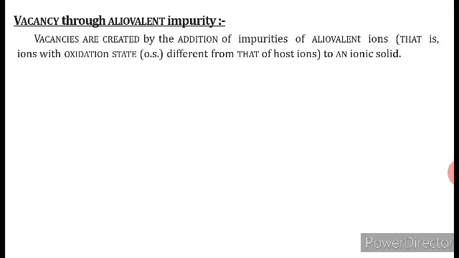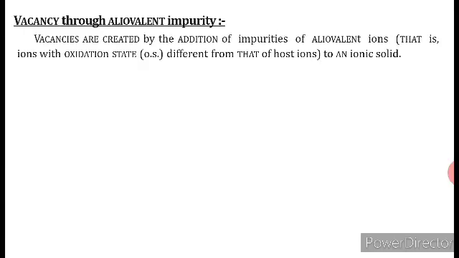The regular cation, sodium cation, is univalent, while the impurity cation is bivalent. So it is an allovalent cation because its valency is different from the regular cation.